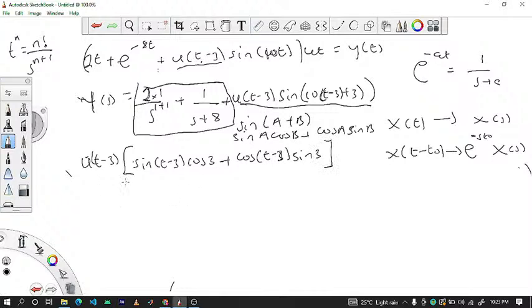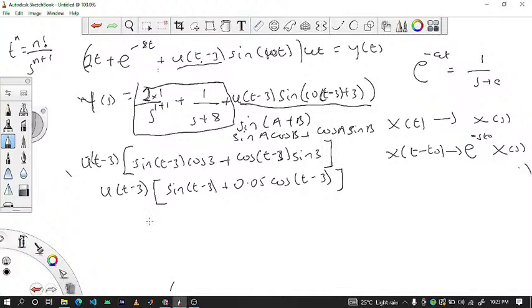All right. Then by simplifying, you have u of t minus 3 multiplying. Now cos 3 is 0.998, so let's take it as 1. So you have sine of t minus 3 plus, our sine 3 is 0.05, cos of t minus 3. All right.